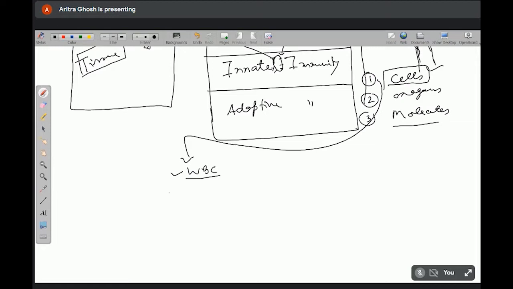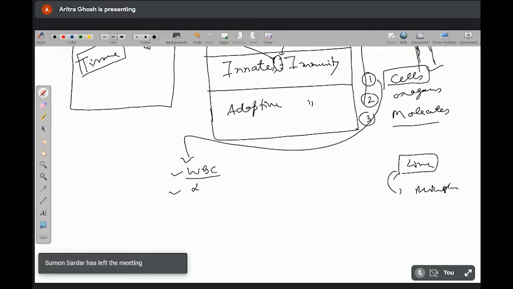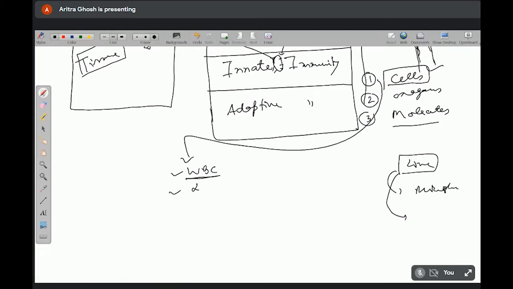And these cells are derived from, there is some controversy here, but what you should remember is that it is formed from the myeloid series. It is coming from the myeloid series. When I said myeloid cells, from the myeloid progenitor cells, these are coming, like monocytes, and these are dendritic cell, mast cell. So interferons? Interferon is not a cell. Interferon is like a cytokine. I am dealing with the cells.